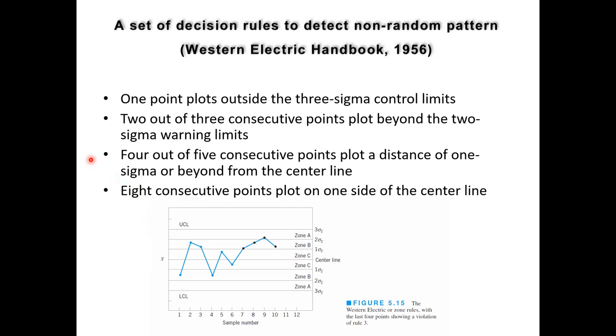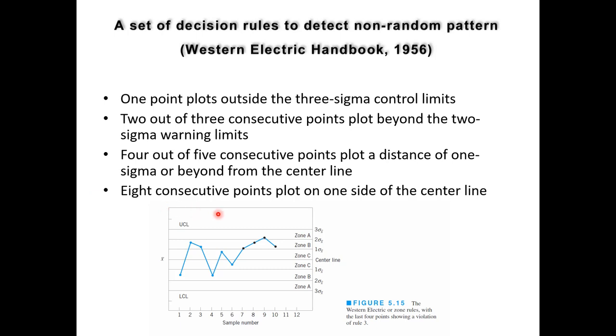Next, the guideline says 4 out of 5 consecutive points plot at a distance of 1 sigma or beyond from the center line. Meaning the majority of the points are close to the center line, a situation of hugging the center line. The last one would be 8 consecutive points plotted on one side of the center line.